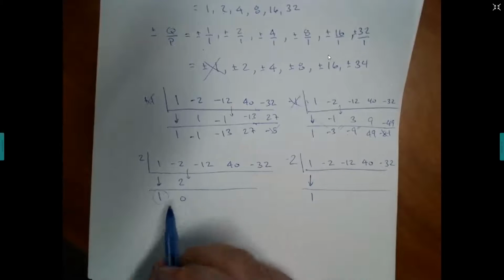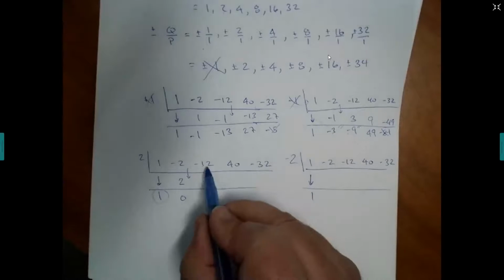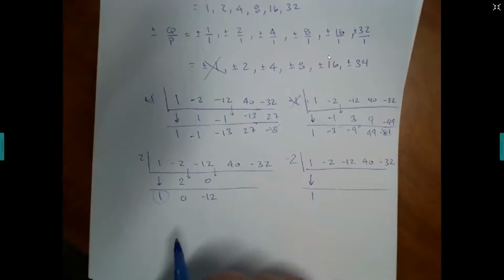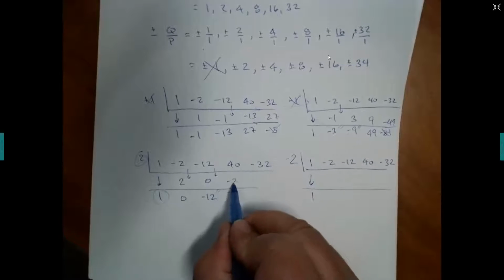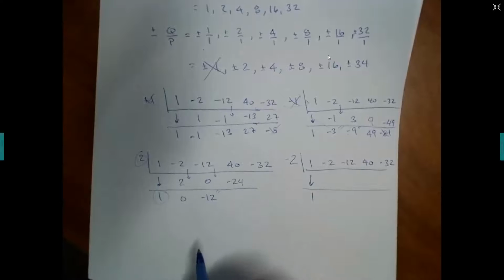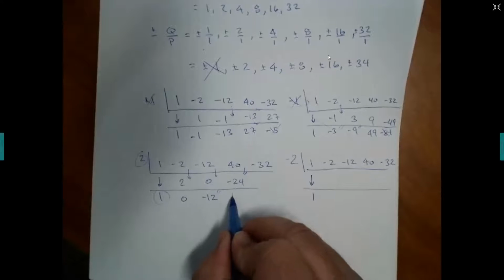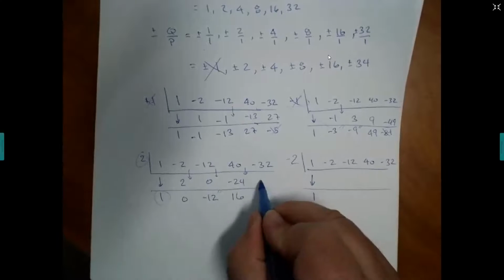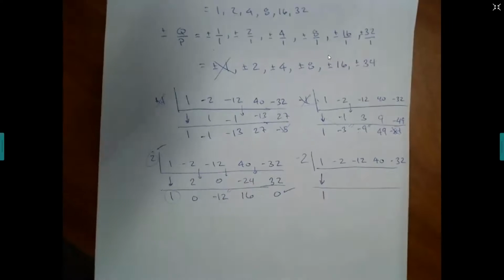Add straight down. 2 times 0 is 0. -12 plus 0 is -12. 2 times -12 is -24. And add. 40 minus 24 is 16. 2 times 16 is 32. So there's our first answer.